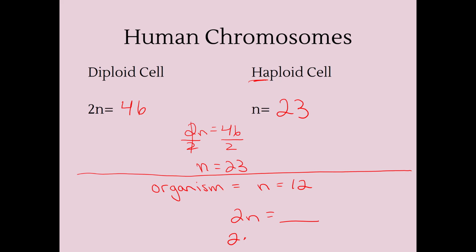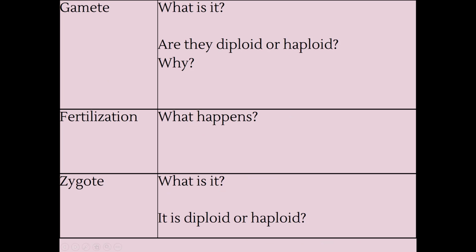We have 2 times 12 because we know what n is, and that equals 24. That would be my diploid, 2n. We're going to do more practice on this a little bit later, so if you're still having trouble, that's okay. But please make sure that you have good notes written for haploid and diploid information.